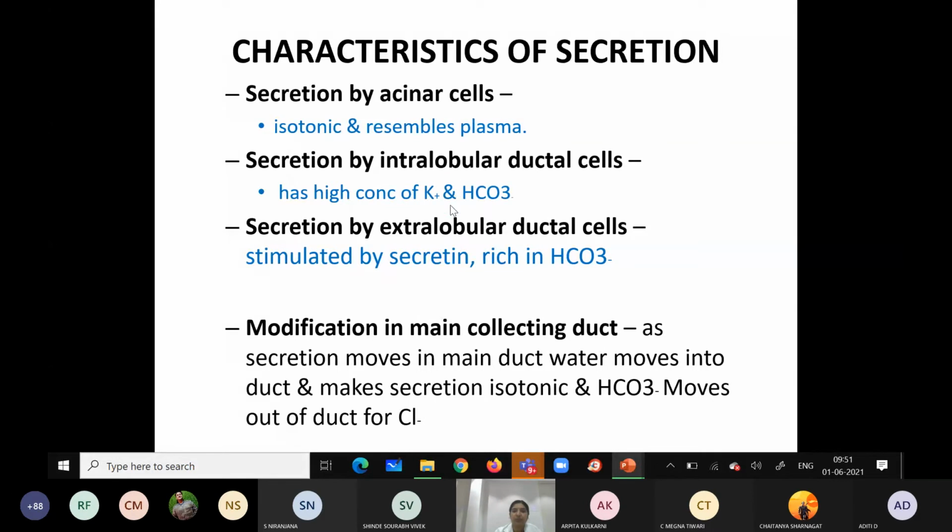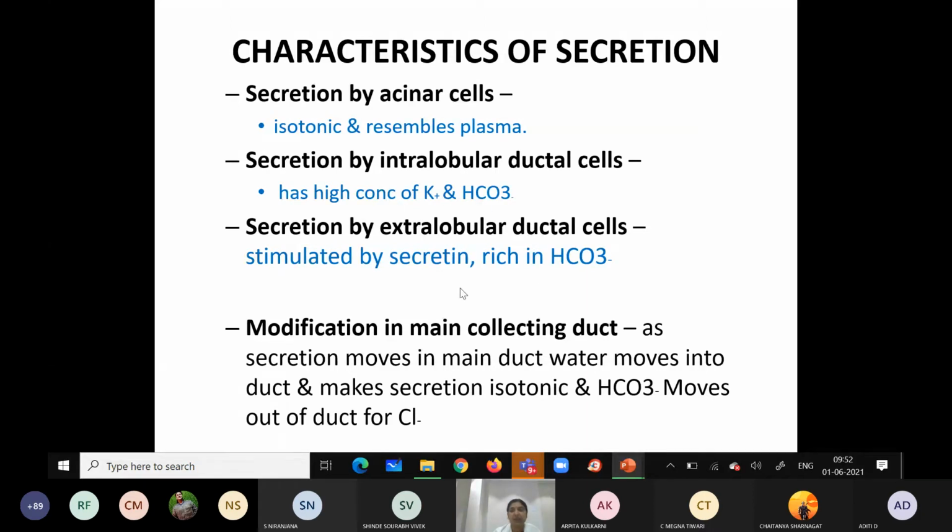If you see these two, intralobular and extralobular, you will see there is a modification in the main collecting duct as the aqueous portion of pancreatic juice moves in the main duct, right. So if you remember, these two are secreting a hypertonic solution rich in chloride and bicarbonate, the aqueous pancreatic juice.